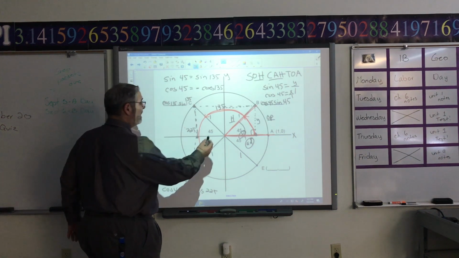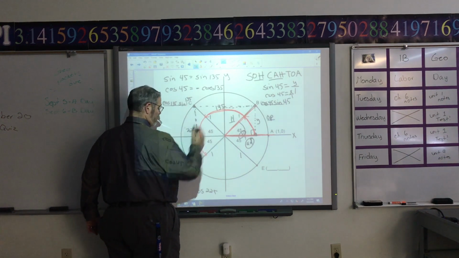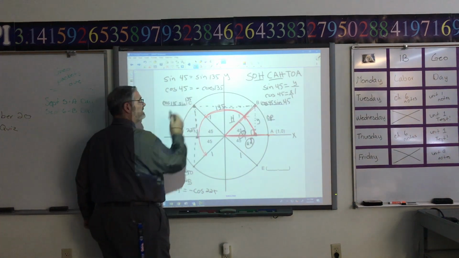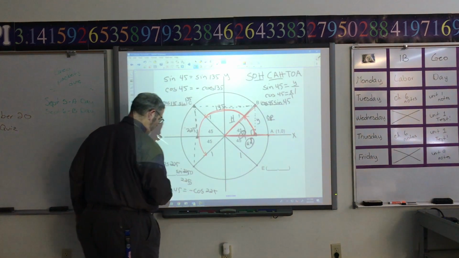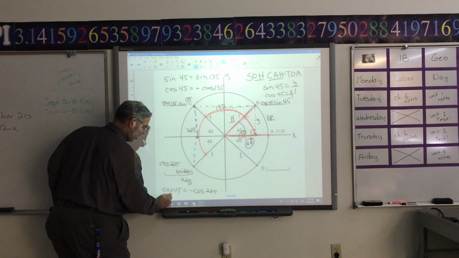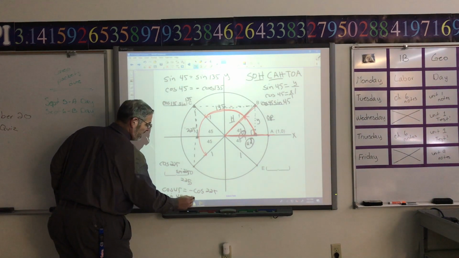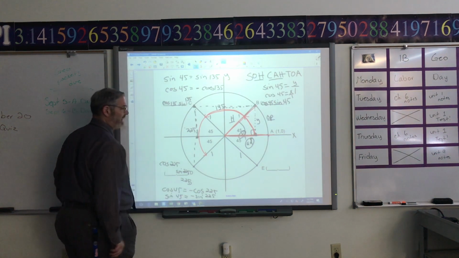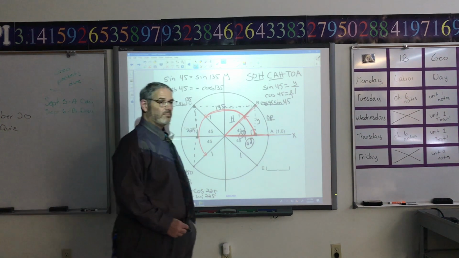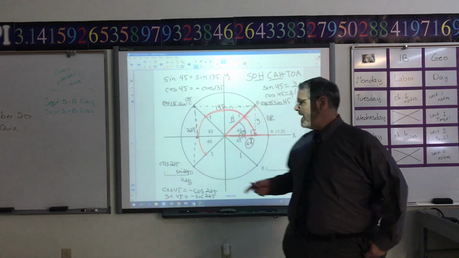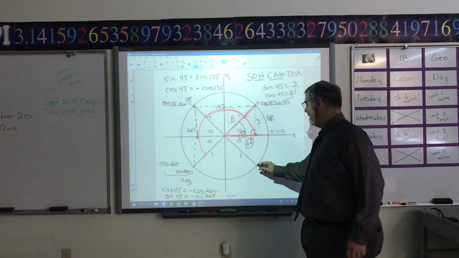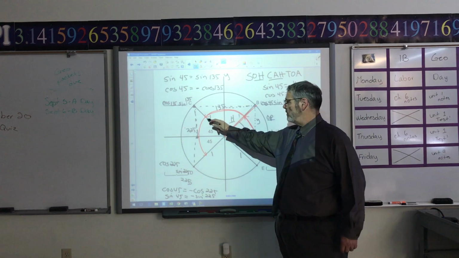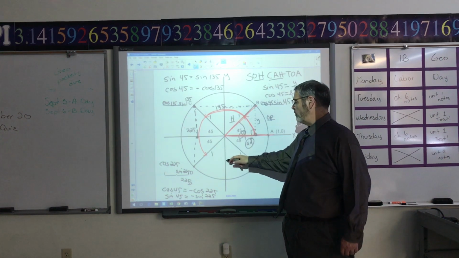And the sine of 225, well, this is in the opposite direction of 45 and sine of 135. So the sine of 45 is equal to the negative of the sine of 225. And if we follow the pattern, we're going to notice here for E, this is 45, 45, 45, 45, 45, 45.